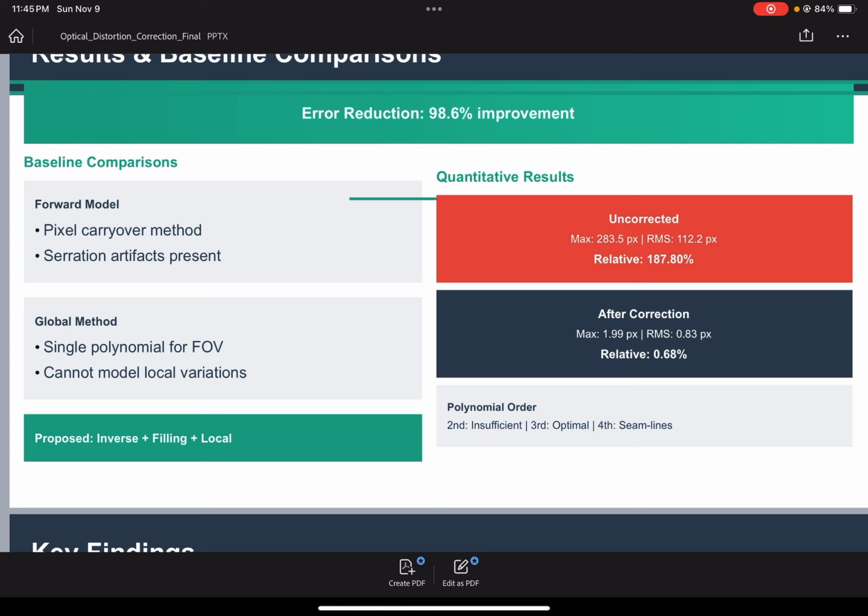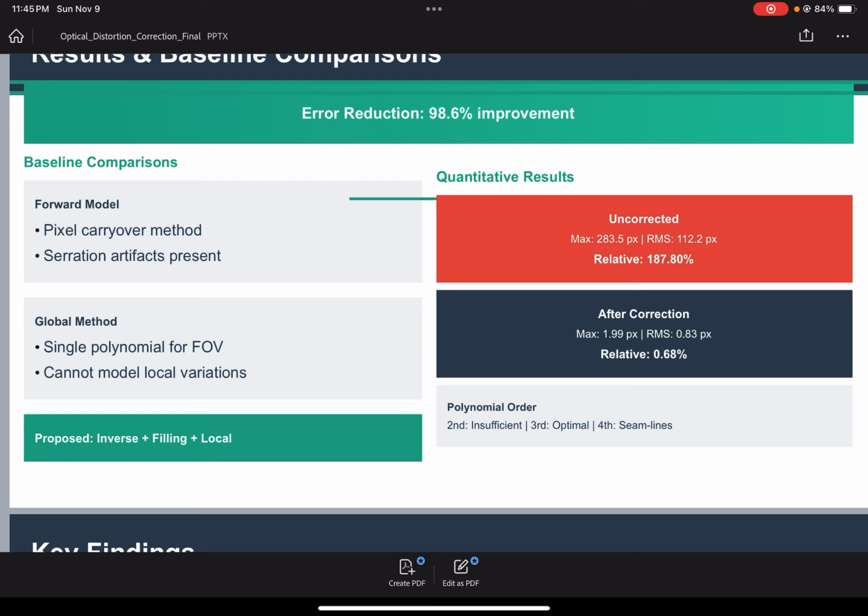That's almost double the ideal value. After applying the correction, the maximum error dropped to just 1.99 pixels, with an RMS of only 0.83 pixels. So a relative error of just 0.68%.